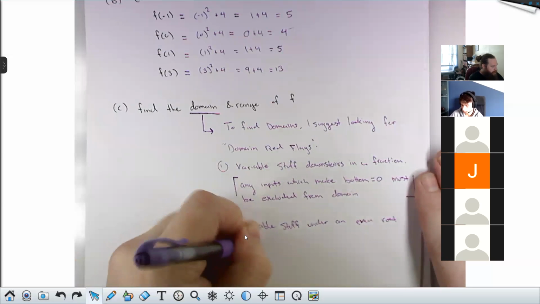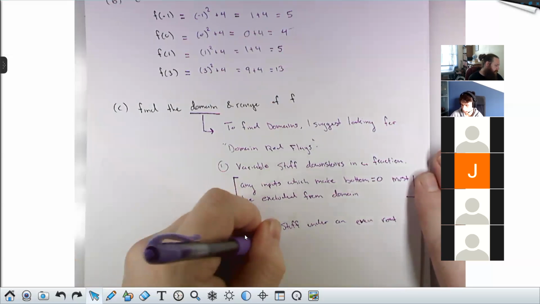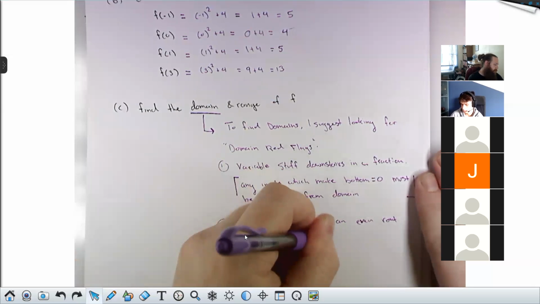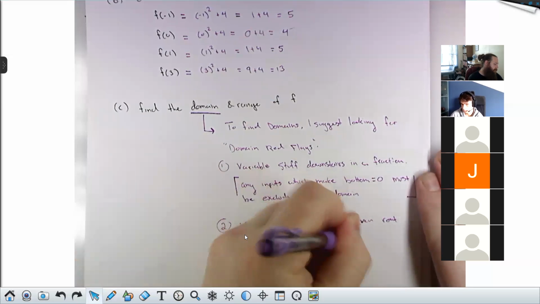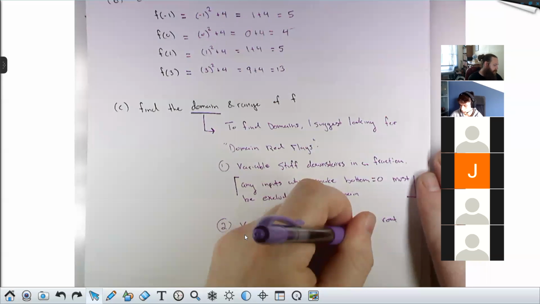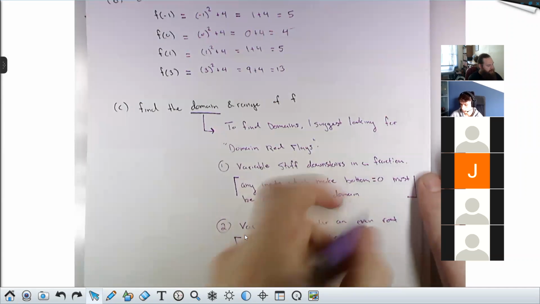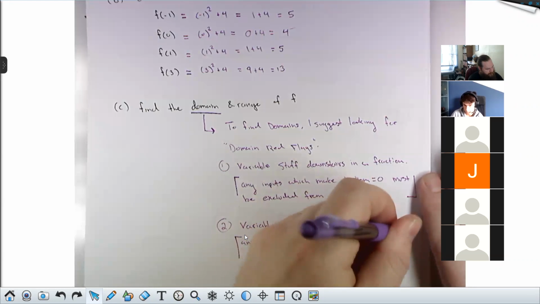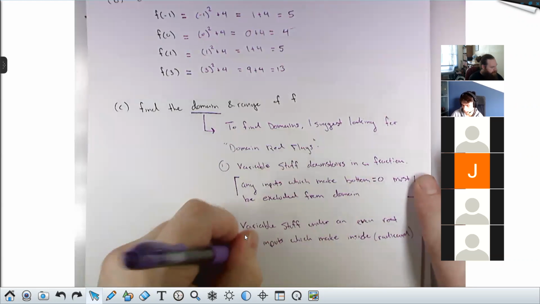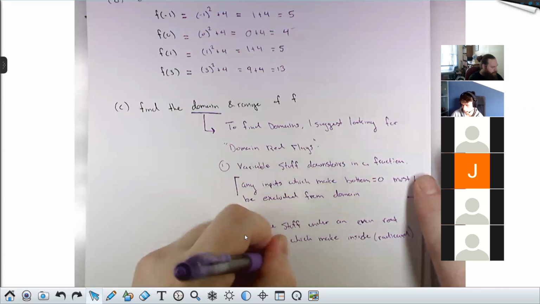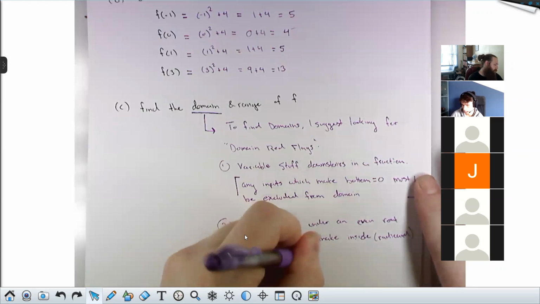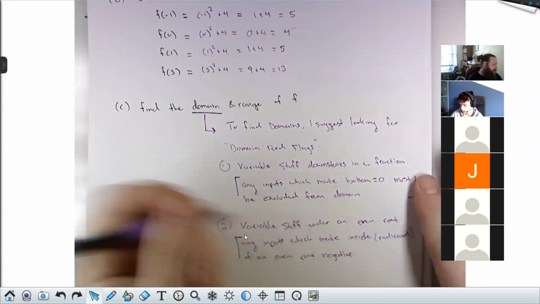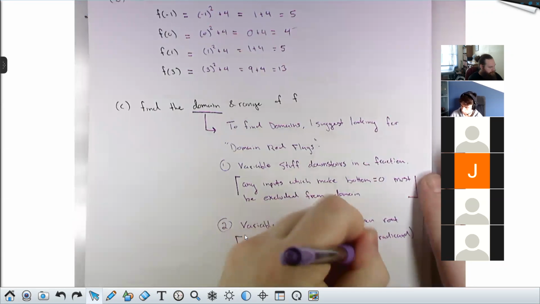So any inputs which make the inside, there's a name for this part called the radicand, the inside of an even root negative, these also have to be excluded.